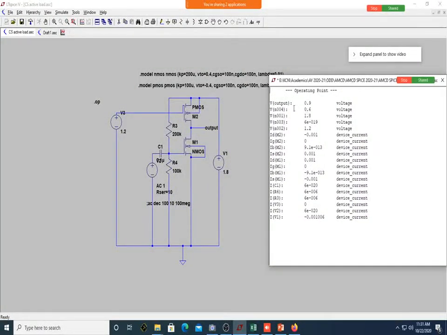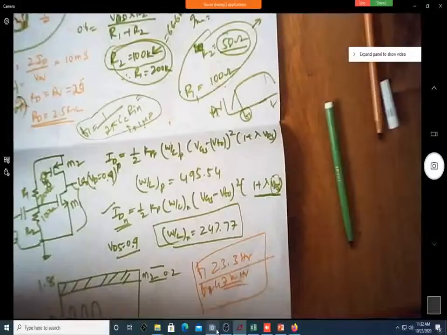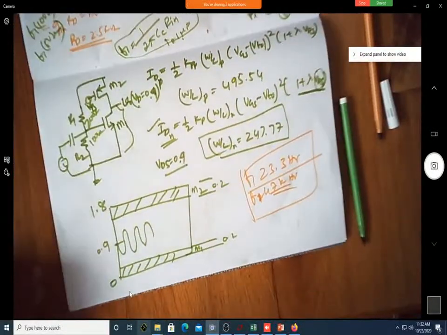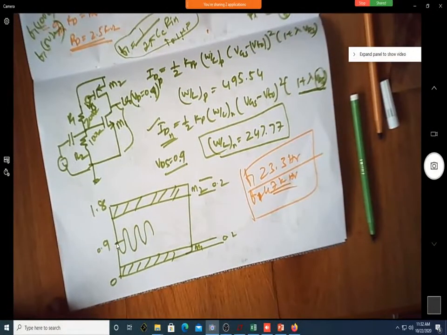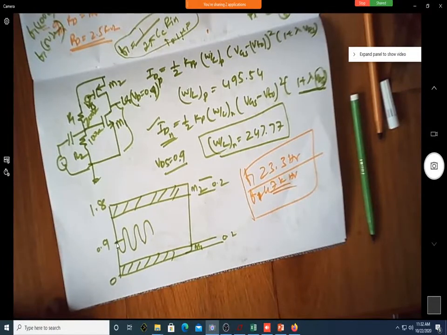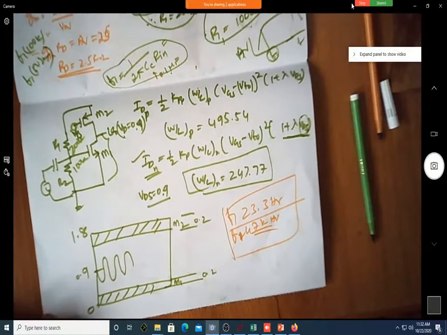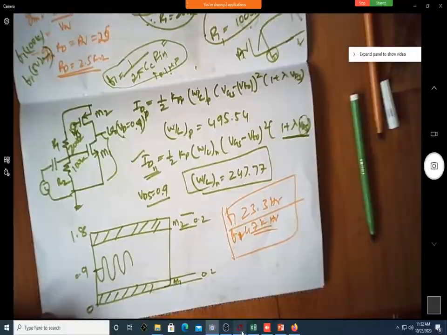See, can you see what is first V out? V out is the DC voltage at this point. We assume that let it swing at half point. Can you see this voltage is exactly 0.9? If you apply AC voltage, it will swing across this. Correct? Yes, sir.